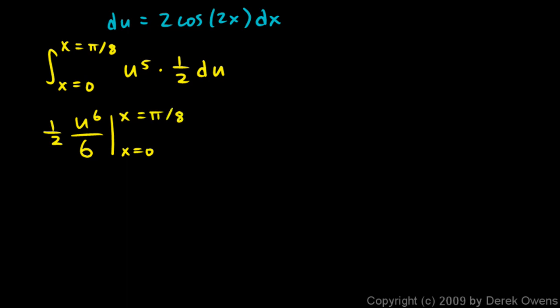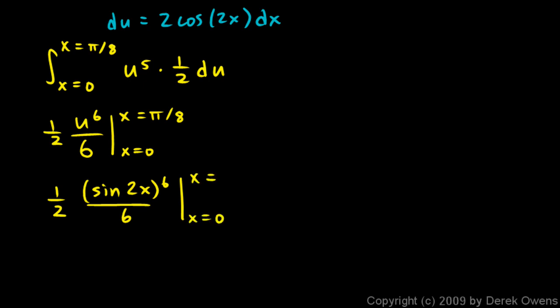And to allow us to substitute these values in, which are x's, I need to substitute in my expression for u in terms of x. And u was sine 2x. So my problem becomes 1/2 times sine of 2x to the sixth over 6, integrating from x equals 0 to x equals pi over 8.